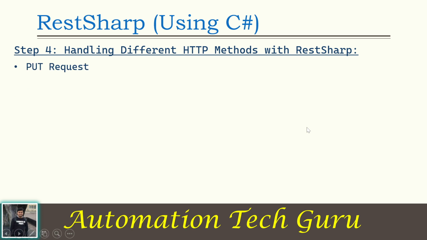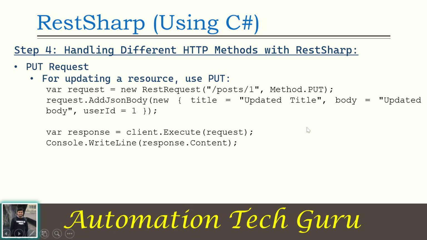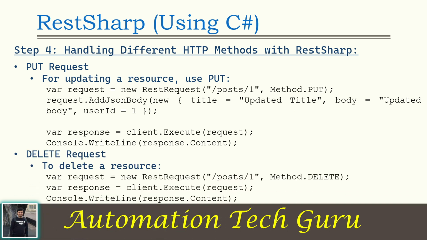Next is the PUT request. For PUT, you can have the same JSON body with the PUT method. For DELETE, you can use simply the DELETE method. You can pass the post and the id and client.Execute, and it will get the response with success.